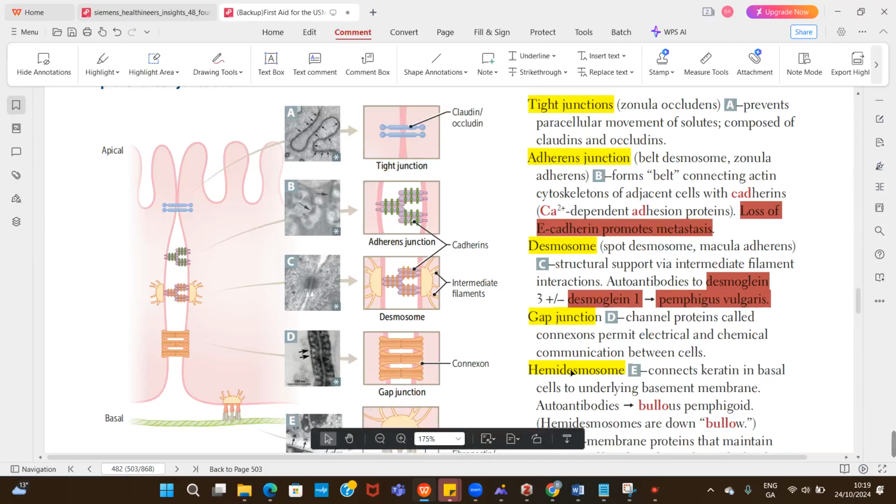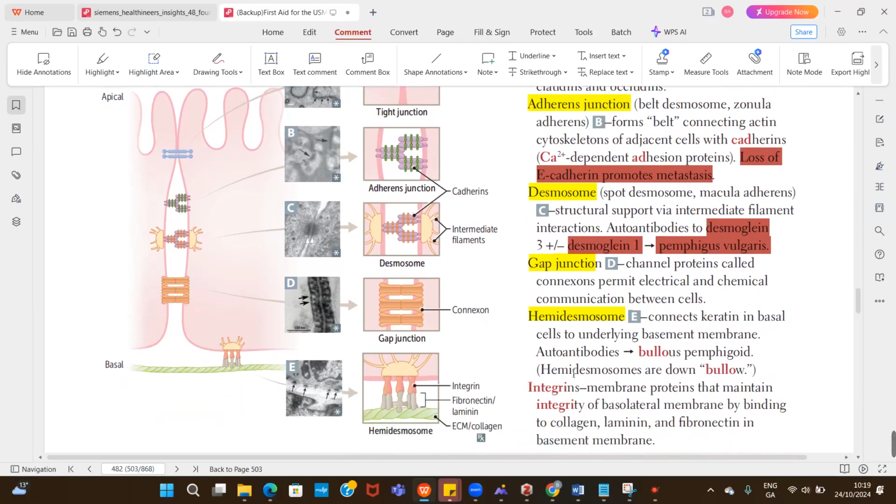The last is hemidesmosome. The ones that are very, very important pathologically are the desmosome and hemidesmosome. The hemidesmosome is the last one, the most distal. And what is it doing? Because all the epithelial cells must rest on a basement membrane. They have to sit down on something.